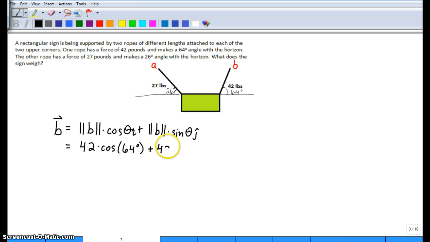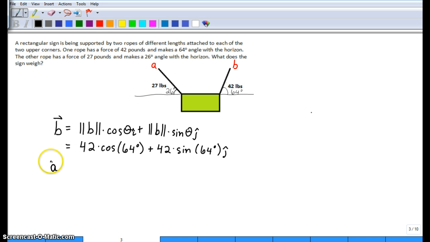So 42 cosine of 64 is our i hat, and 42 sine of 64 is our j hat. The amount of force total in B is 42 pounds, but the amount of force in the x direction is 42 times cosine of 64, and the amount of the 42 pound force that is applied directly vertically is 42 sine 64.